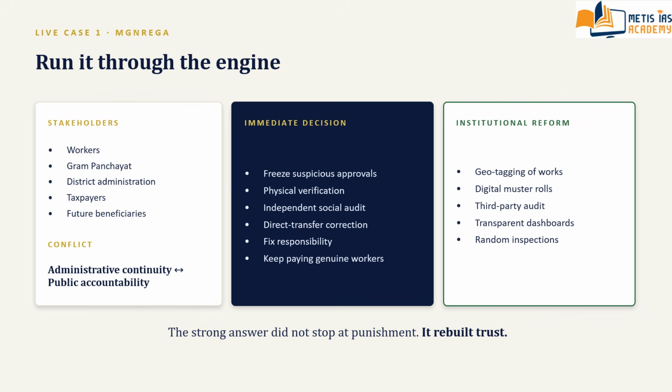After applying these filters, if it passes, what is the decision? Freeze suspicious approvals, physical verification, independent social audit, direct transfer correction, fix responsibility, and continue genuine wage payments, that is, keep paying genuine workers.